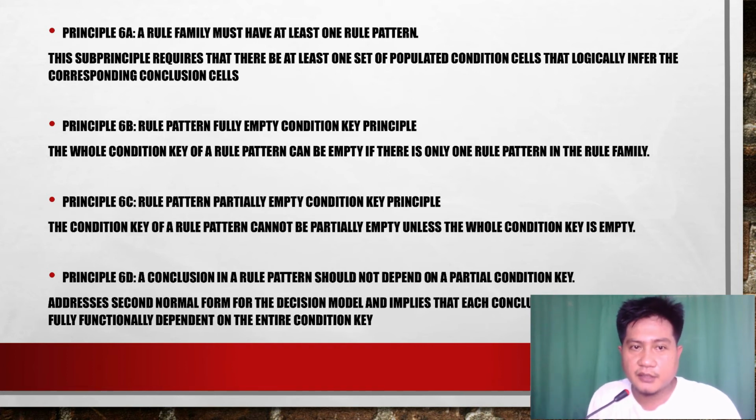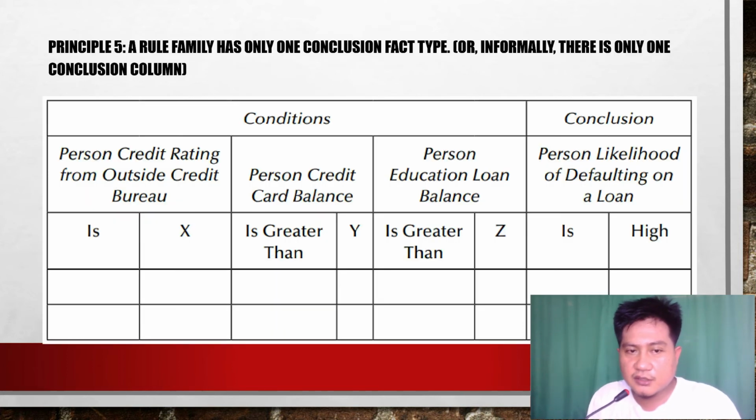So at least one rule pattern. Say for example in this table we have 3 conditions, right? The person's credit rating, the credit card balance, and the education loan balance. Out of these three, we should have at least one condition populated. Say for example, we populate this credit rating from the outside credit bureau condition before we can supply a conclusion.